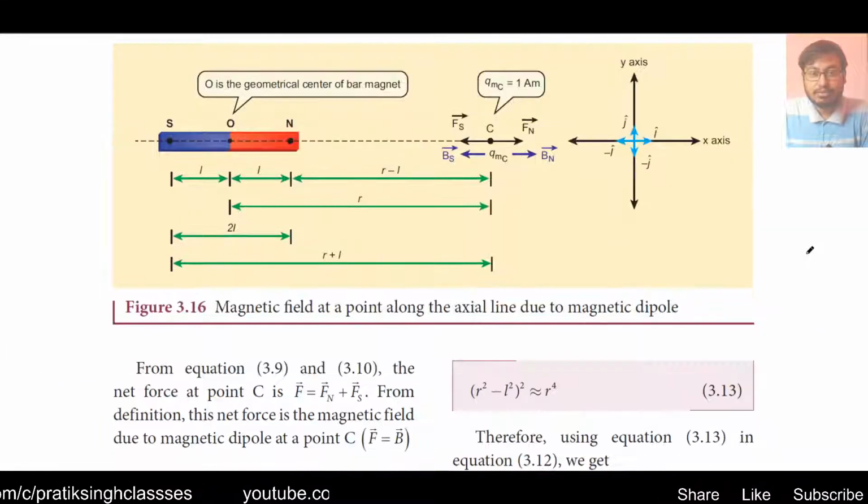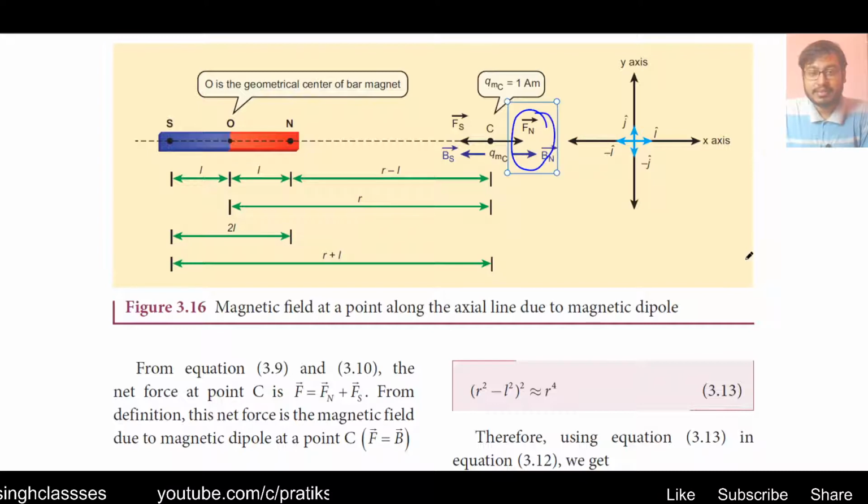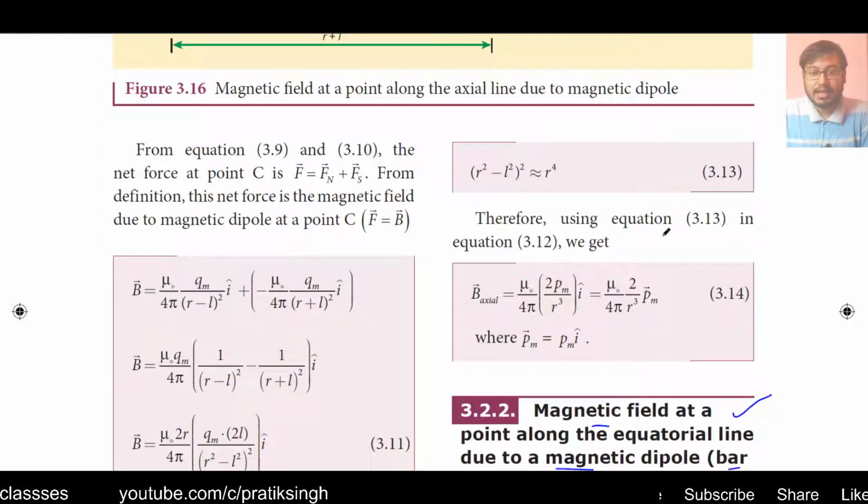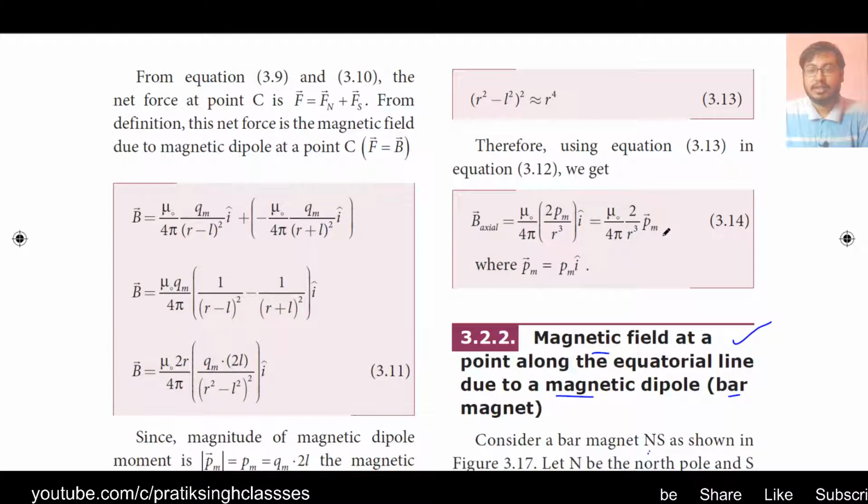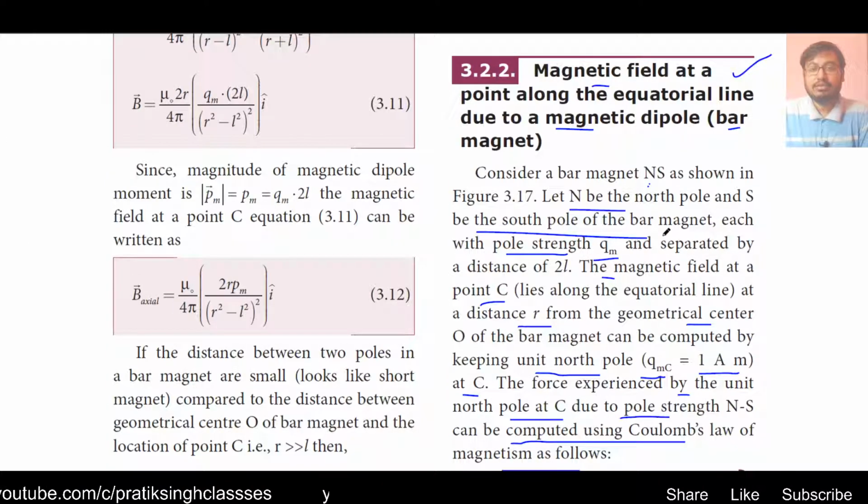And the axial line field is twice that of the equatorial line point.